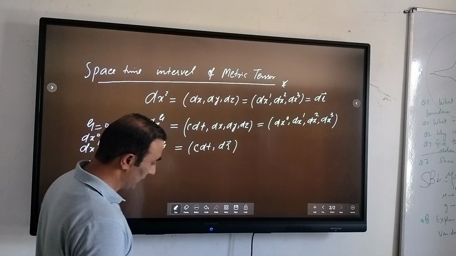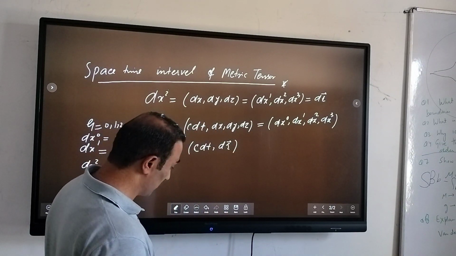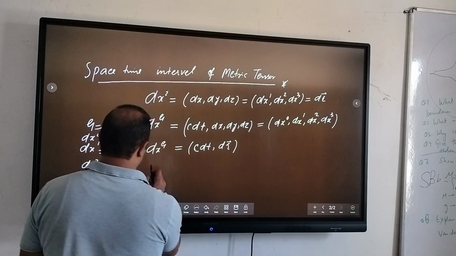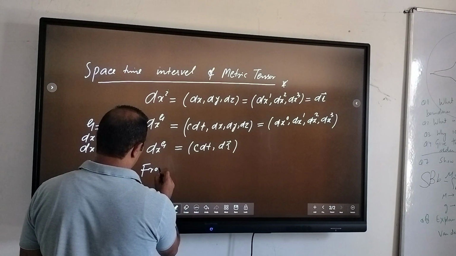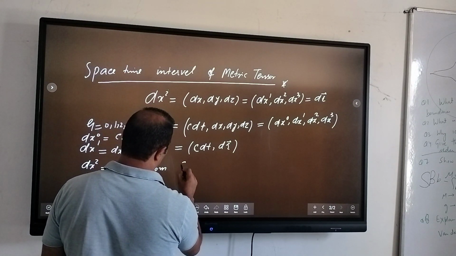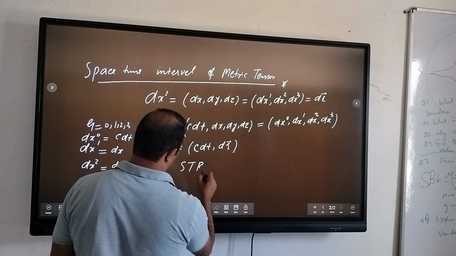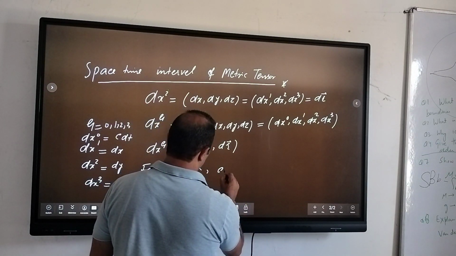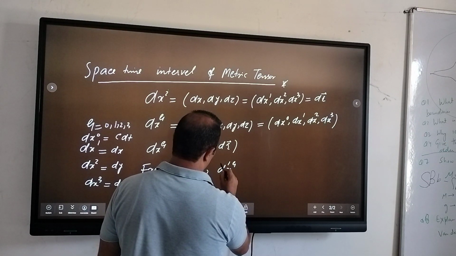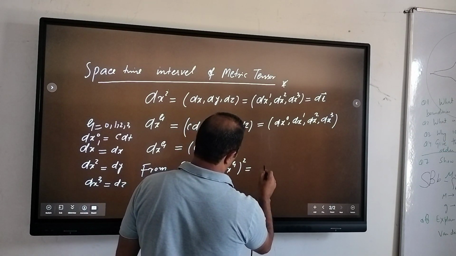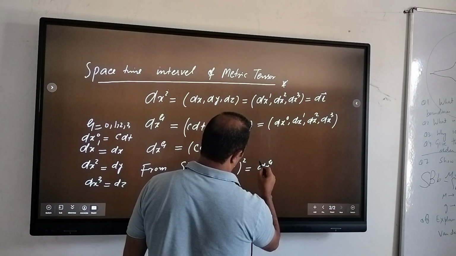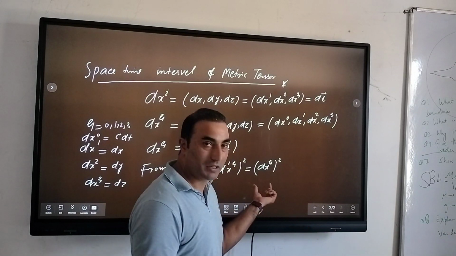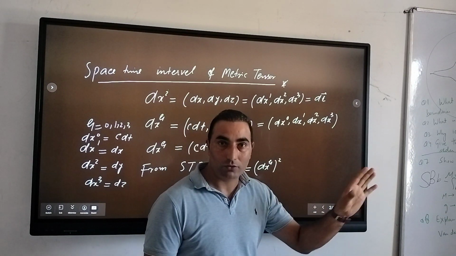Now, from the special theory of relativity, we can say that dx'^mu squared equals dx^mu squared. So if you go from one frame to another frame, this remains invariant.